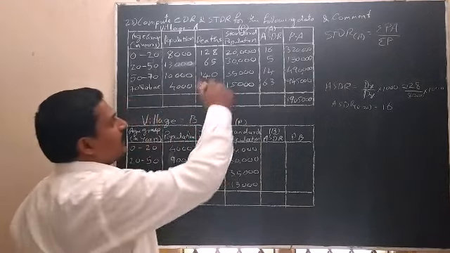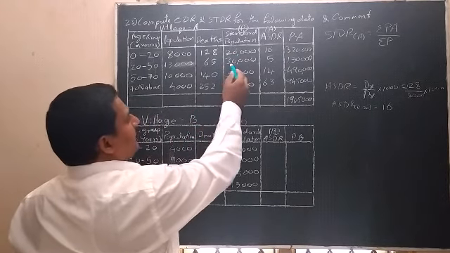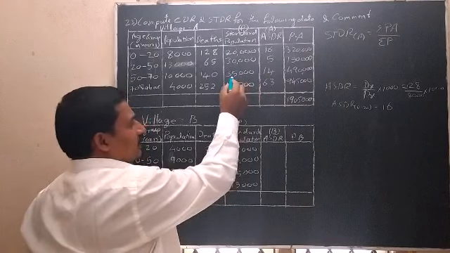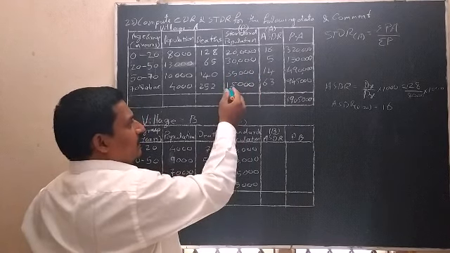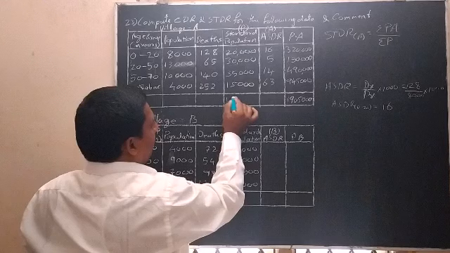And what is the total of the standard population? 20 plus 30, 50,000, plus 35,000, 85,000, plus 15,000, that is 1 lakh.